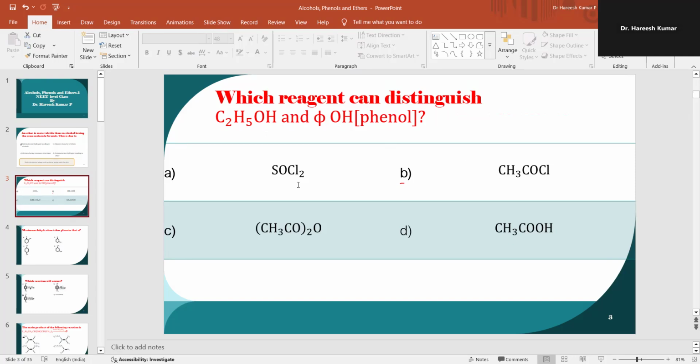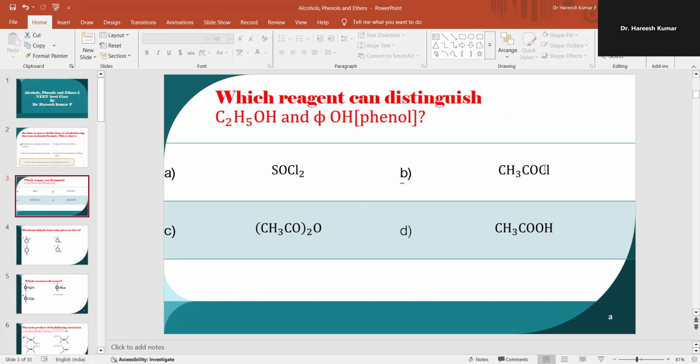Thionyl chloride is not, because thionyl chloride reacts with both ethanol and phenol in a similar way. Similarly, acetic anhydride also reacts in a similar way with both ethanol and phenol. Acetic acid does not react with either ethanol or phenol at low temperature.